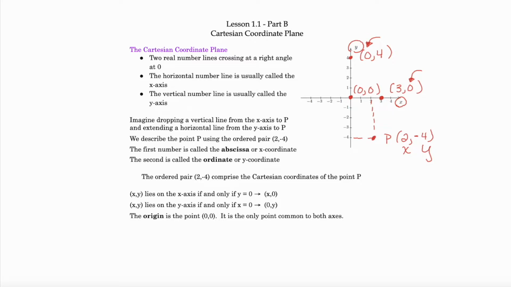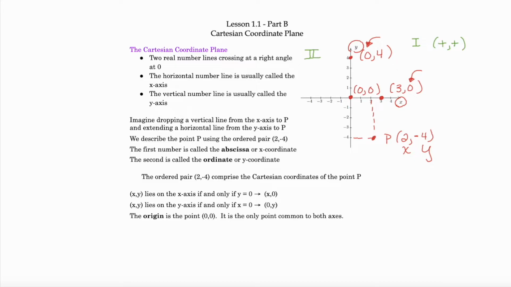Some other things that we need to keep in mind when we're looking at the x and y coordinate system is that we have quadrants. The first quadrant is in the top right corner. All points in the first quadrant have positive x values and positive y values. Then we move counterclockwise, so the points to the left of the first quadrant are the second quadrant.